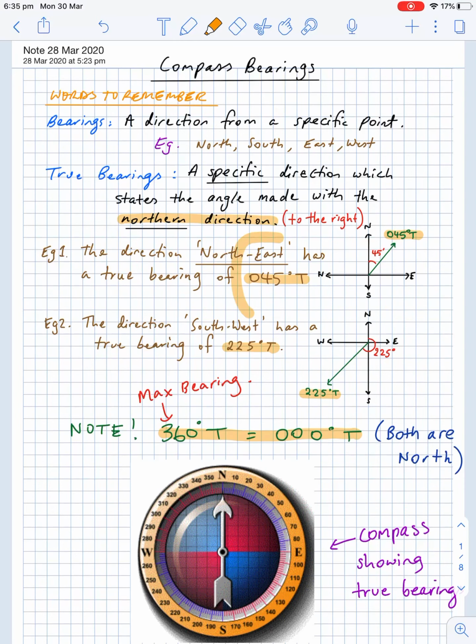So here we've got 045 degrees true, and that's our northeastern direction because it makes this 45-degree angle with the northern line. So it's all about thinking, what is the angle between our direction and the northern line? It's always north for a true bearing.